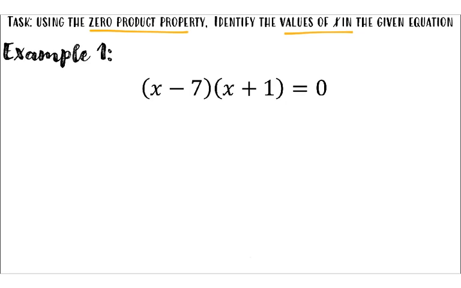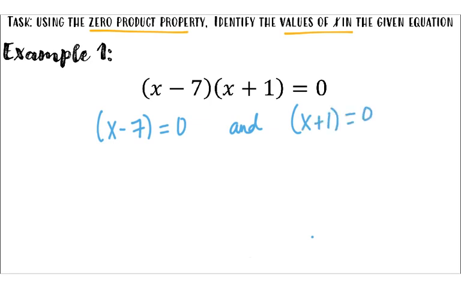I know I'm able to use the zero product property because I have two quantities being multiplied and they are set equal to 0. So let's apply it. I have x minus 7 that can be equal to 0, and I also have x plus 1 that can be equal to 0. The parentheses are not needed, so we can go ahead and drop those off.